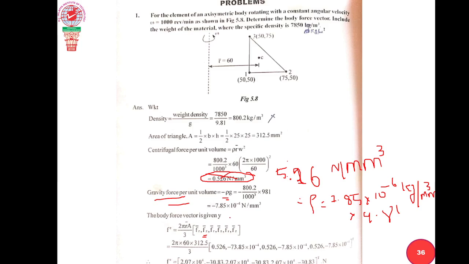Therefore, what will you get in terms of Newton per mm cube? 7.85 into 10 raised to minus 6 into 9.81. How much?